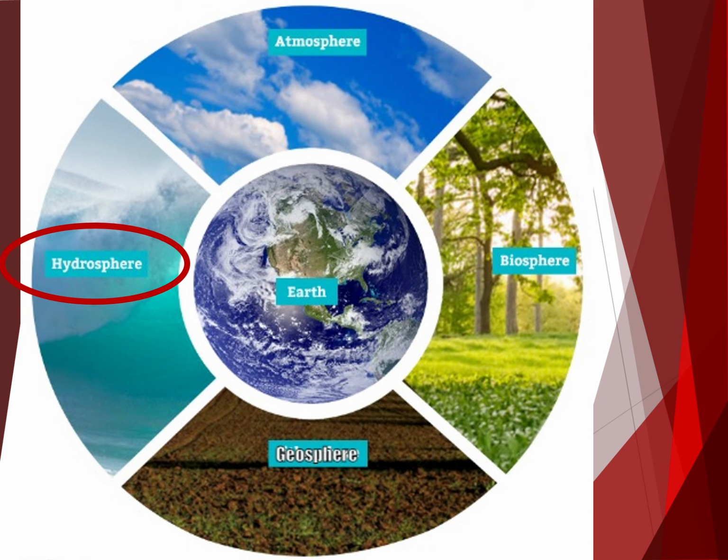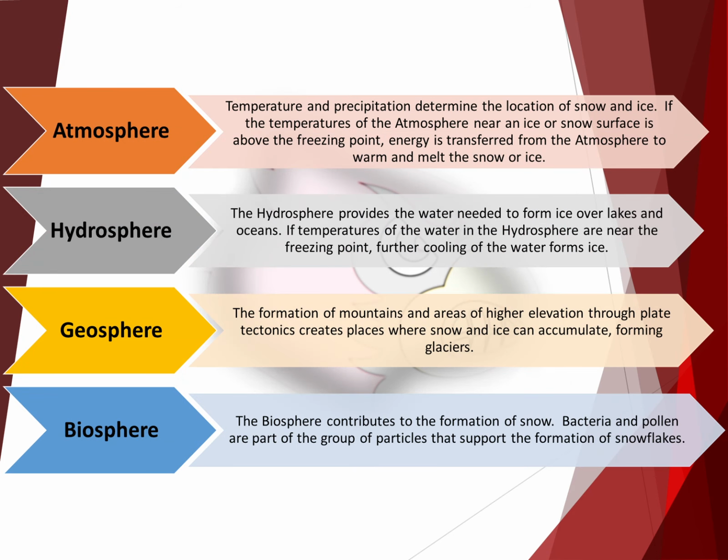The hydrosphere consists of all the water on the planet's surface, including the oceans, lakes, ice, and rivers, as well as the moisture in the air. The atmosphere consists of the ocean of air that surrounds the surface of the planet. The fourth sphere, which is called the biosphere, consists of all life on Earth.